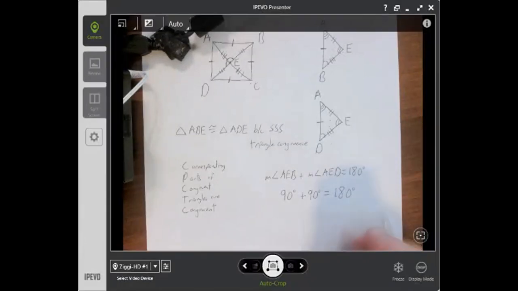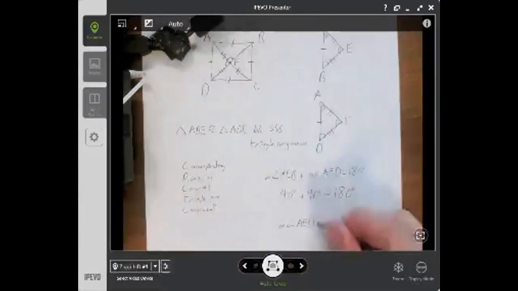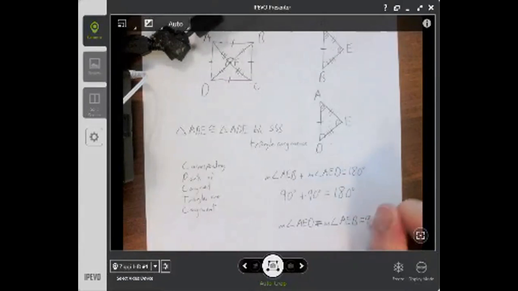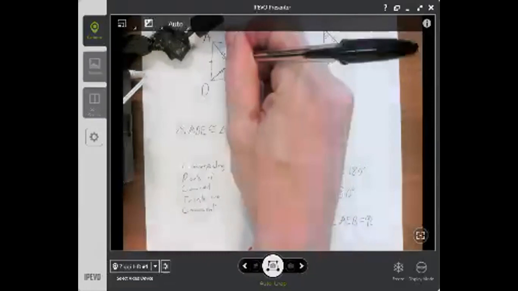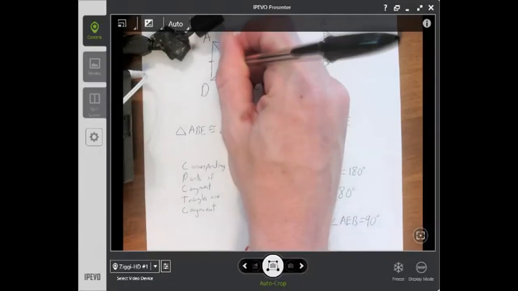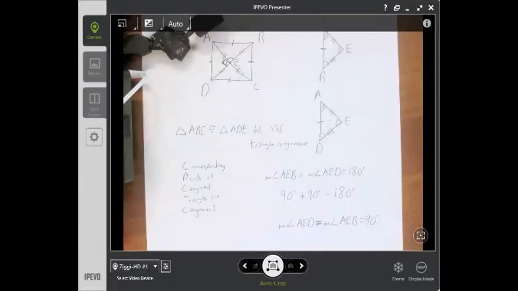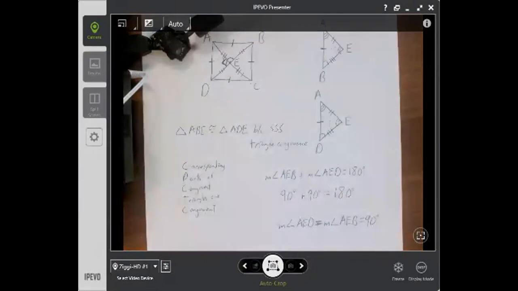So that's telling us that the measure of angle AED and the measure of angle AEB, actually we don't want to add those, we want to set both of those equal to 90 degrees. Well, that's exactly the definition of perpendicular lines, telling us that those 2 angles are right angles.